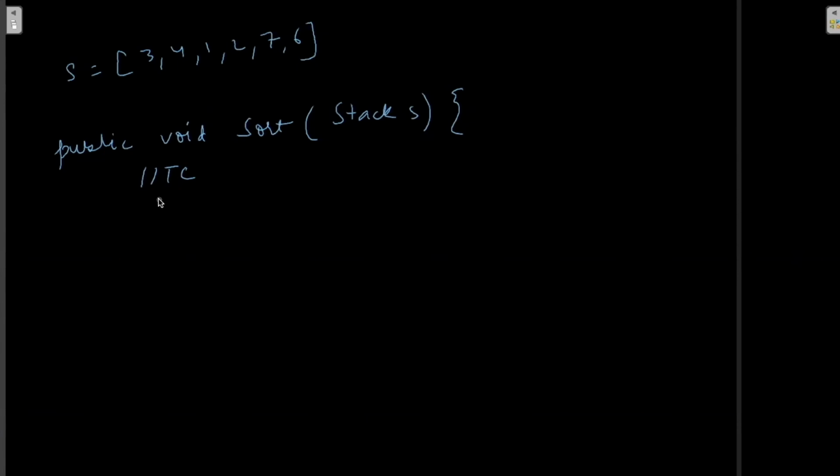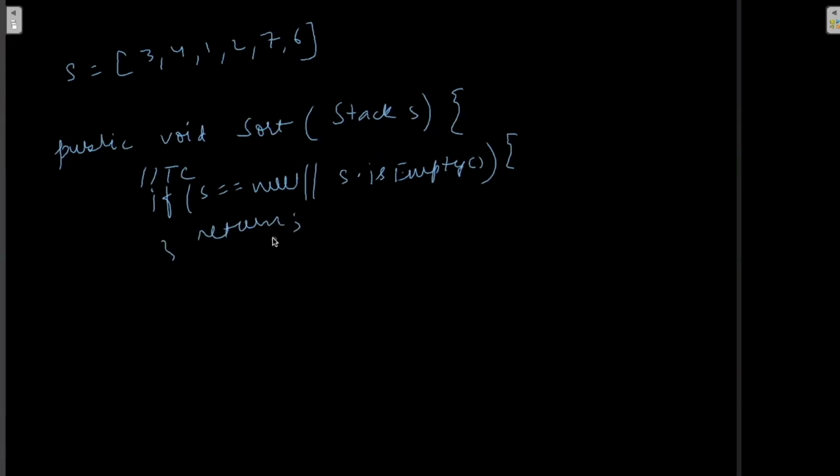Yes, it should be either S is equal to null or S dot is empty. If either is the case, then I just return, I don't do anything else. And let's try to pick the element here: int number equals S dot pop, and I call this recursively again.